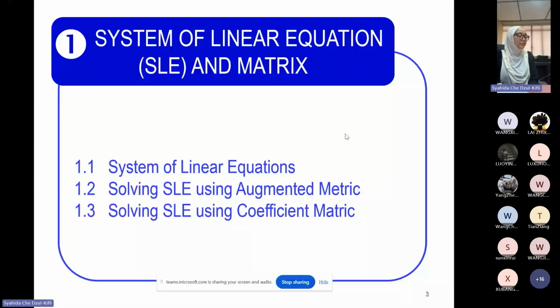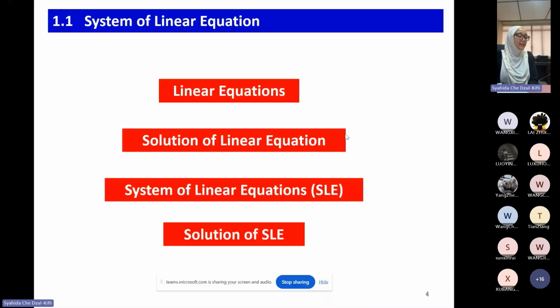In this first subsection, I have divided it into 4 subsections, which are linear equations, solutions of linear equation, systems of linear equations, and solutions of systems of linear equation.